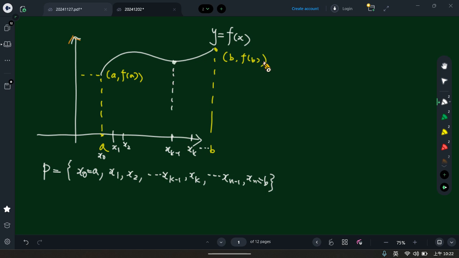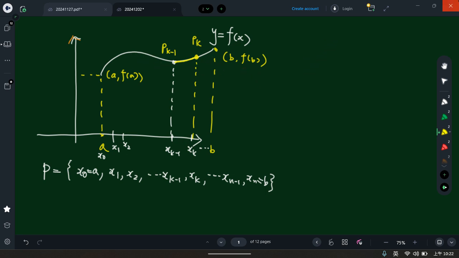If this point is P(k-1), and this point is Pk, we try to get the length through this curve, right? If we know how to get this one, of course we can apply the same rule to the remaining pieces, right?